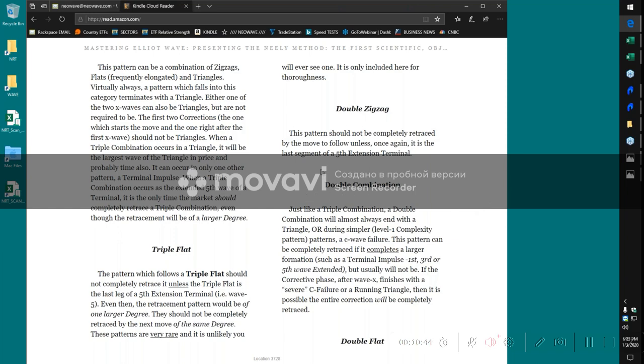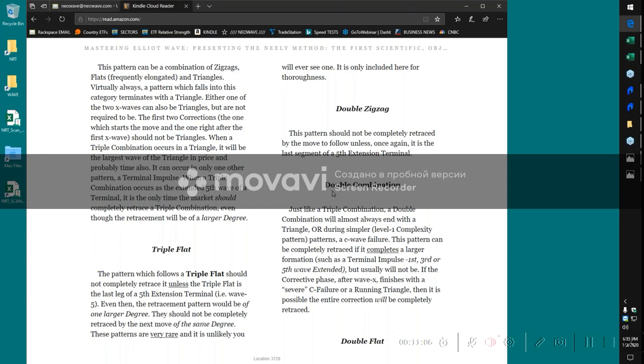So when it's talking about the implications of these patterns, if it's a double combination or triple flat or whatever it is, it's assuming that that pattern is not also concluding a larger formation. To conclude a larger formation means you have to be ending wave 5 or wave C of a flat or zigzag or wave E of a triangle. It can't be in that position.